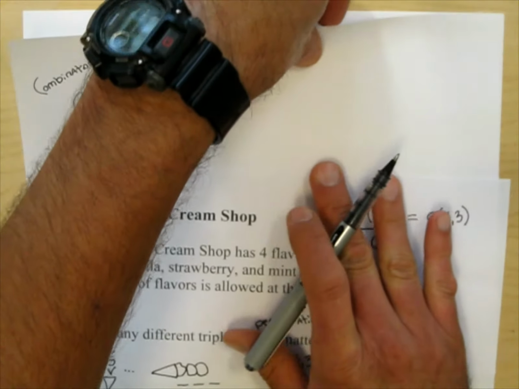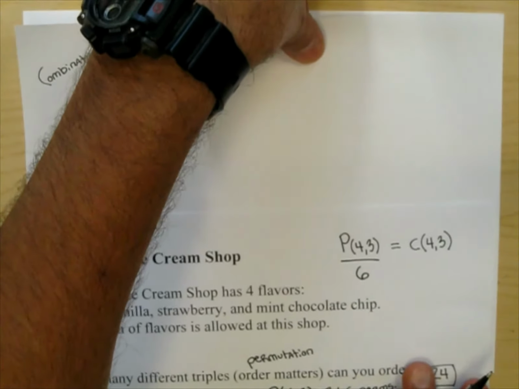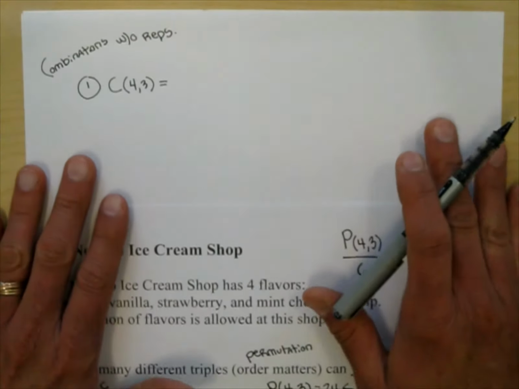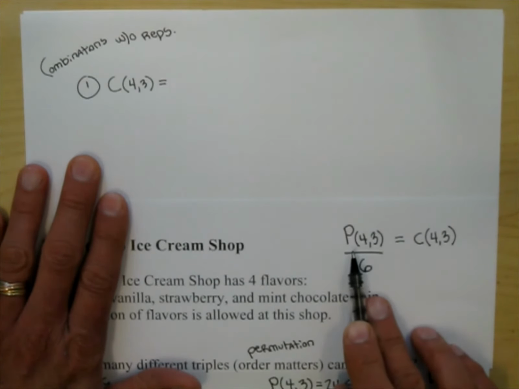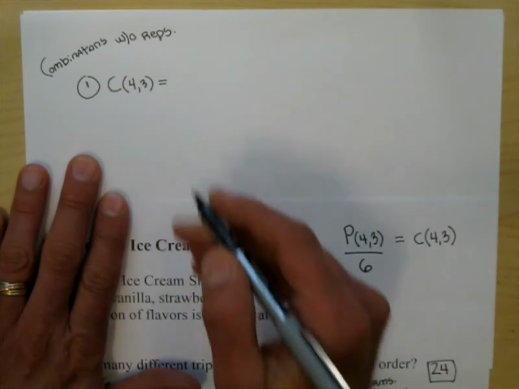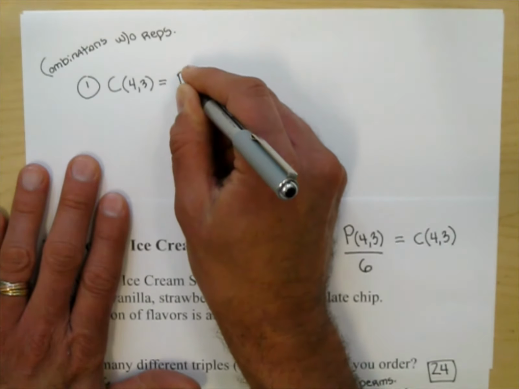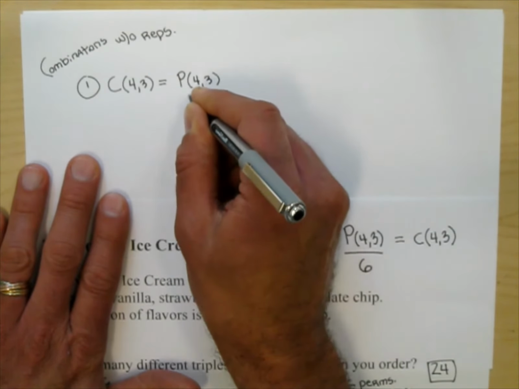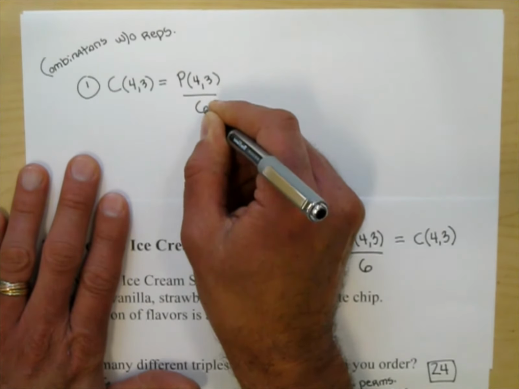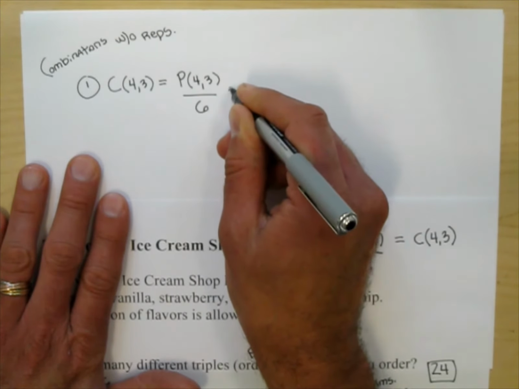Okay, so now both papers are moving here. 4 choose 3 is 4 pick 3 over 6.